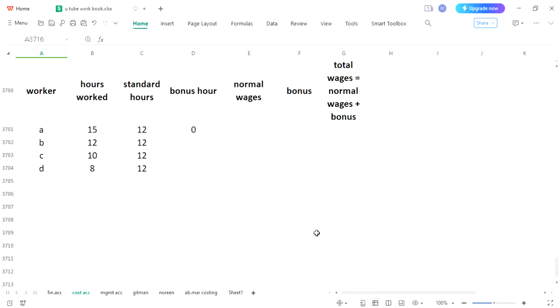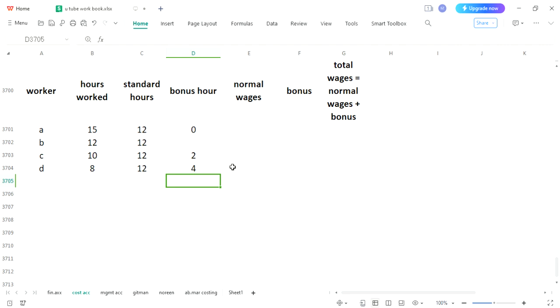So second worker, yes, he is eligible for bonus. Worker C had completed his work in less than standard. So 2 hours he had saved, and then worker D has saved 4 hours, as he was allowed to complete this job in 12 hours, and he had completed his job in 8 hours. That means 4 hours he had saved.